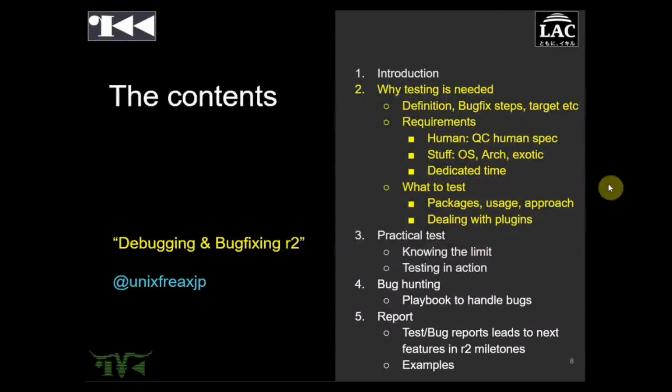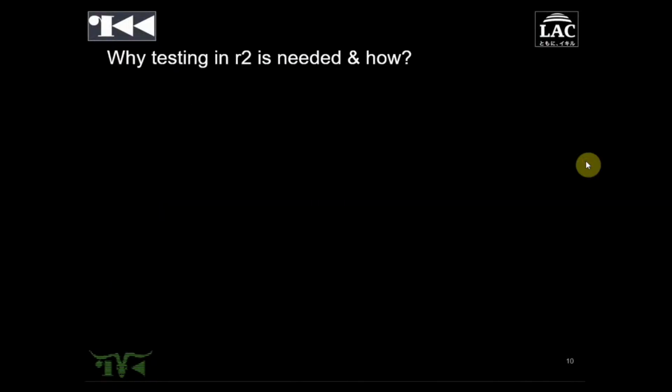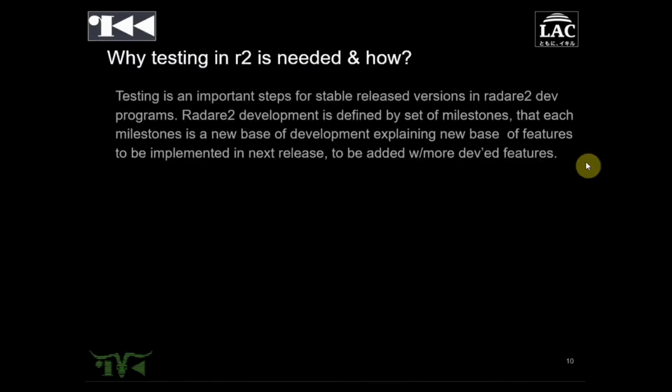So we go to why testing is needed and how. Testing is an important step for stable release versions in Radare2 development. Radare2 development is defined by a set of milestones, and each milestone explains a new base of features to be implemented in the next release.